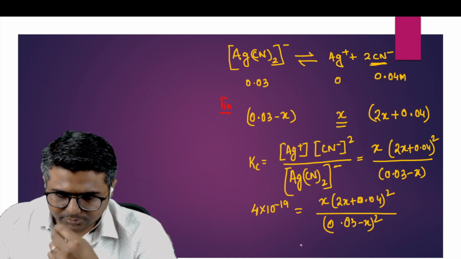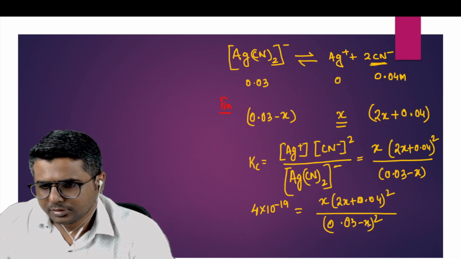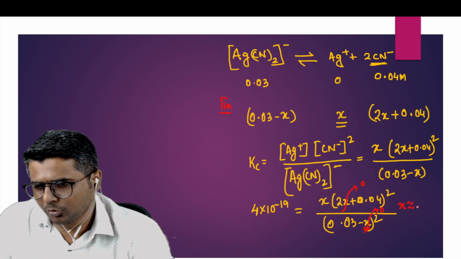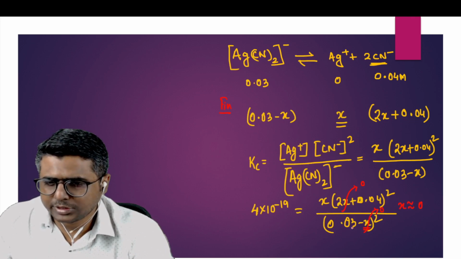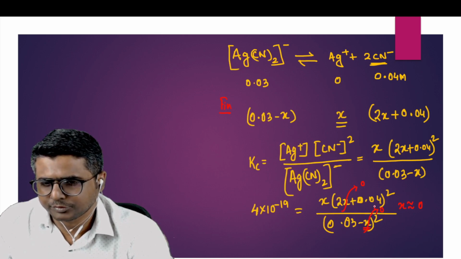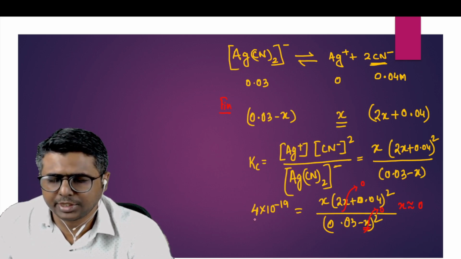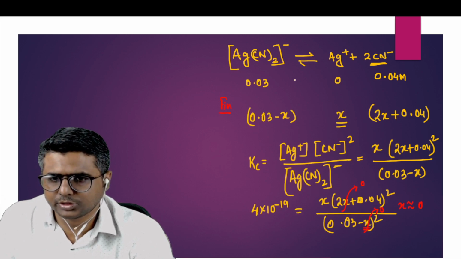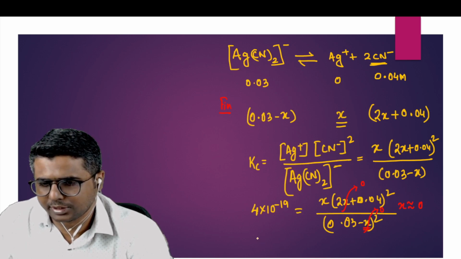While solving this one, you can easily take this x as 0 in those terms, because x is very small with respect to 0.03 and 0.04. This will help you in finding out x easily. Only if the dissociation is very small, we can take this assumption.